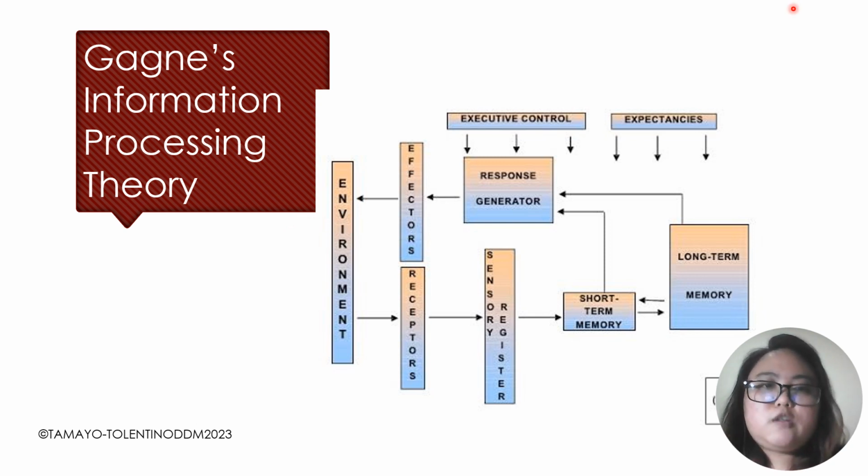Gagne's information processing theory emphasizes two things. First, since learning is an internal process and it is influenced by certain conditions, for example, previous knowledge, values, beliefs, and expectations of the learners, which are different for each learner, then analyzing their characteristics, approach to learning, etc., will be helpful in the design of instruction.